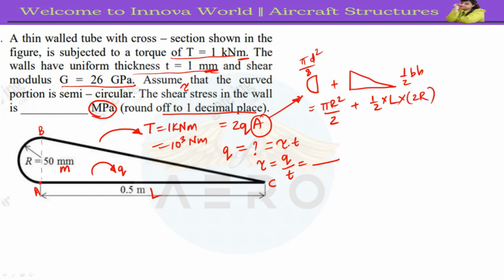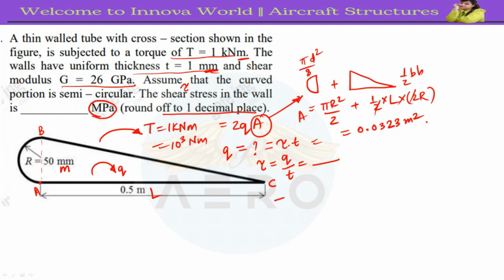Okay, so this will get cancelled off, and when you solve this problem you get something like 0.0323 meters square. Okay, that is the area.